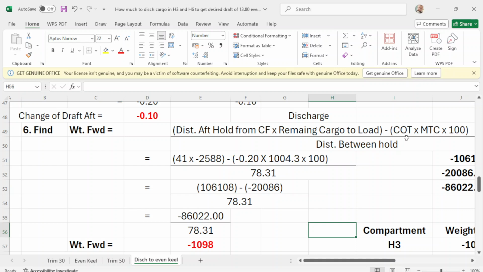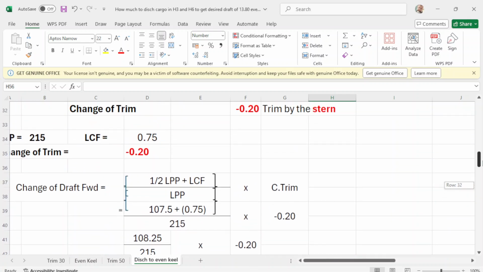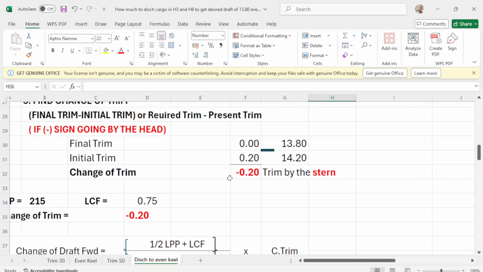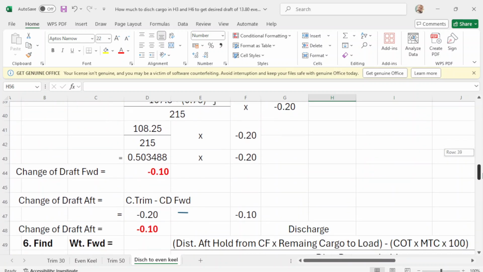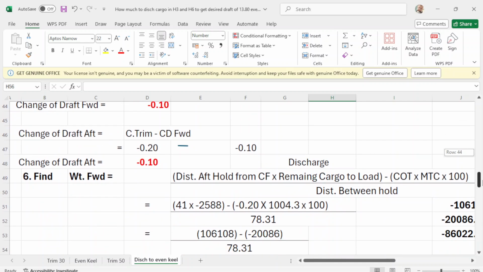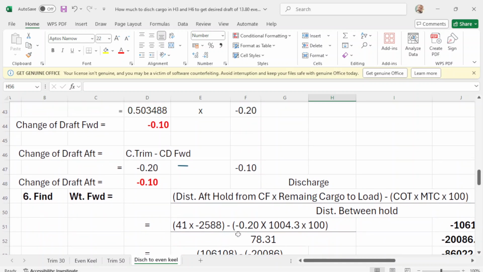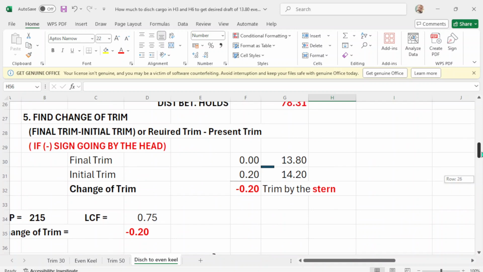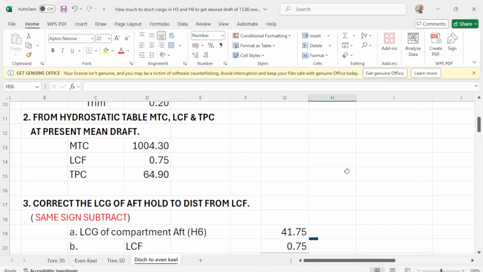Minus change of trim. Your change of trim is negative 20 centimeters, or negative 0.20 meters. You got here negative 20 times your MTC of 100.43. MTC is 100.43.